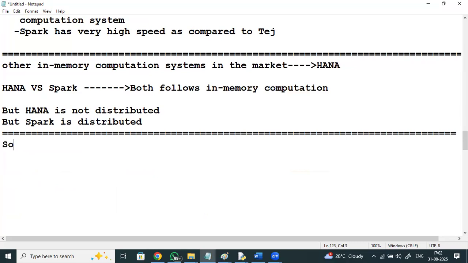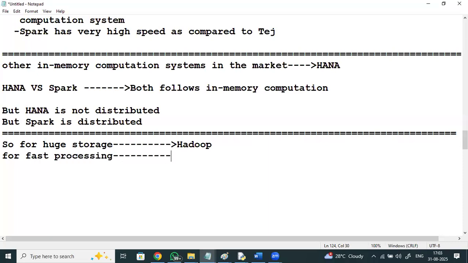Previously we had Hadoop for both storage and processing. So for huge storage we go for Hadoop, and for fast processing we go for Spark.